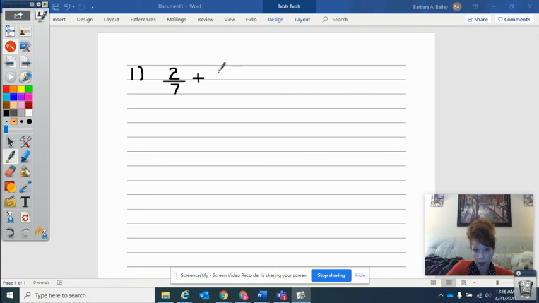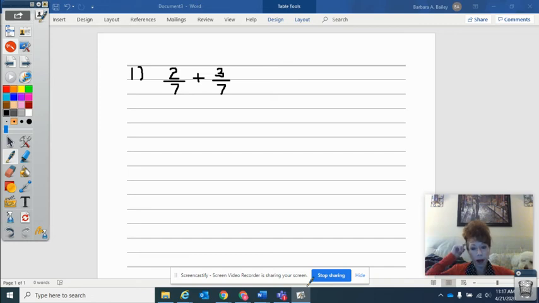Then I got another pizza, maybe it's pepperoni, and I have 3 out of 7 slices left of that pizza. So we want to add these two, and we want to know how many pieces of pizza we have left total. Okay, so this is written horizontally, means it's going across from left to right. We want to write it vertically, meaning up and down, top to bottom.